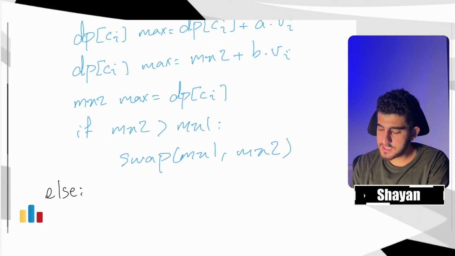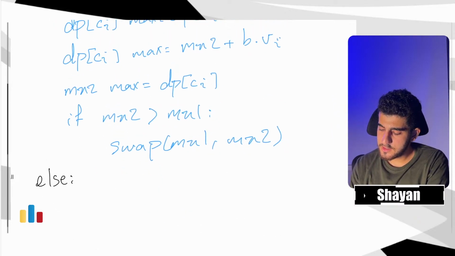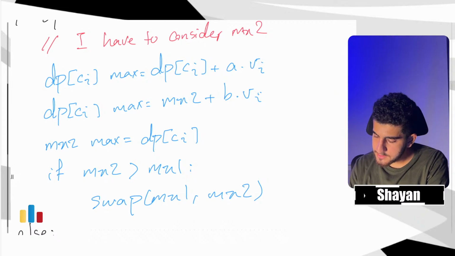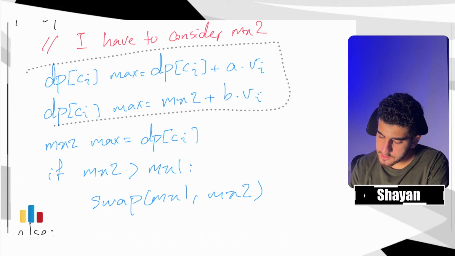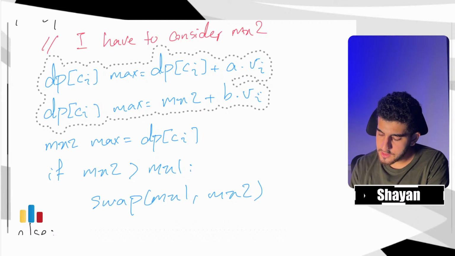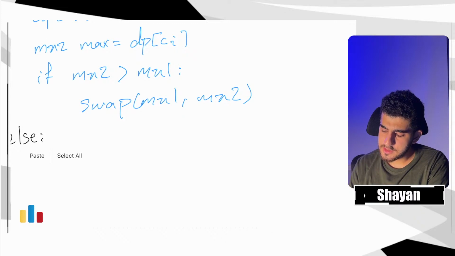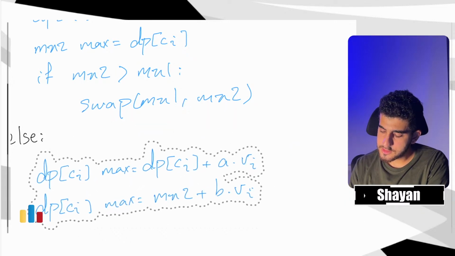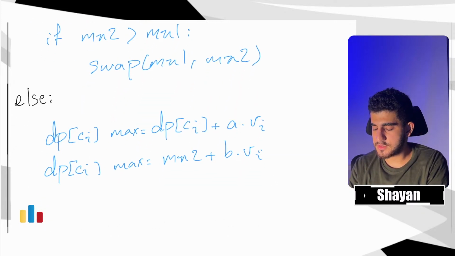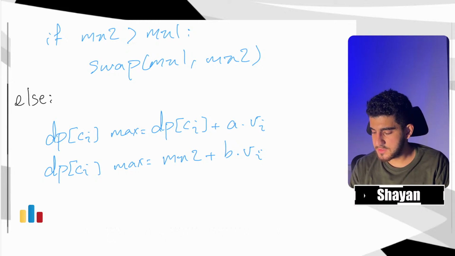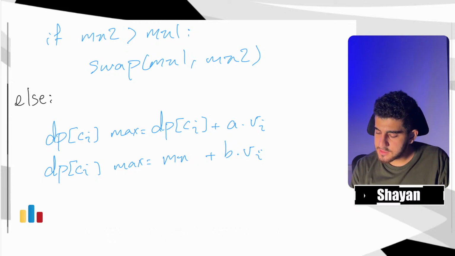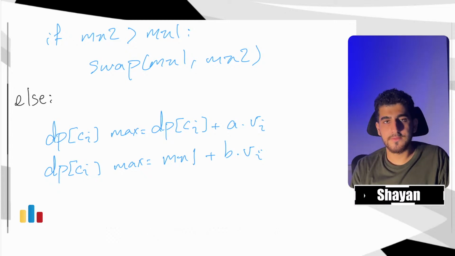Otherwise, it's almost the same, so I need to copy and paste it here. Again, dp of Ci is equal to dp of Ci itself plus A times Vi, and dp of Ci this time is equal to mx1 plus B times Vi, because mx1 is not equal to Ci.